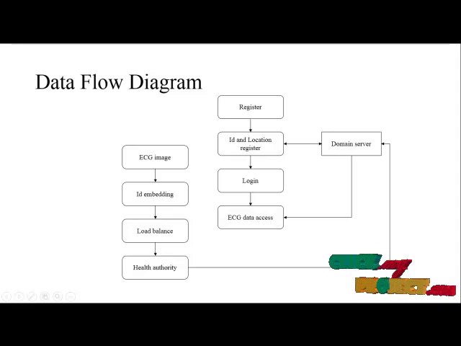The health authority will store the ECG data in the cloud server, and the cloud image will have the ID embedded into it, with load balancing across the cloud servers. After that, it will be sent to the health authority.